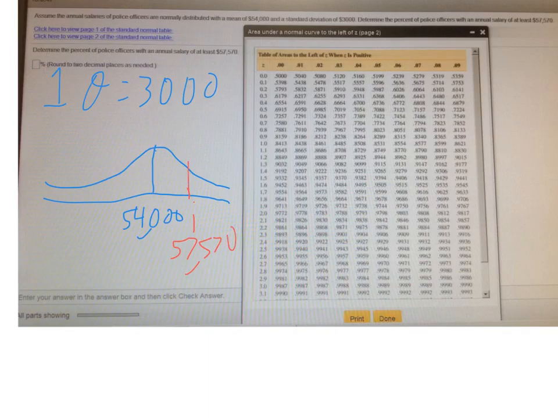We want to find this area. It says at least that salary, so we want the area to the right of that.